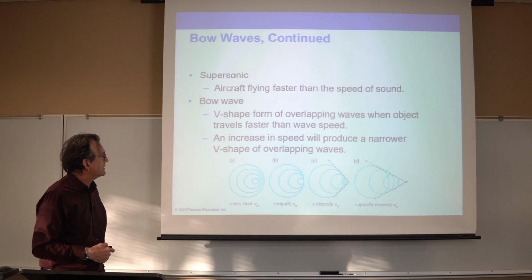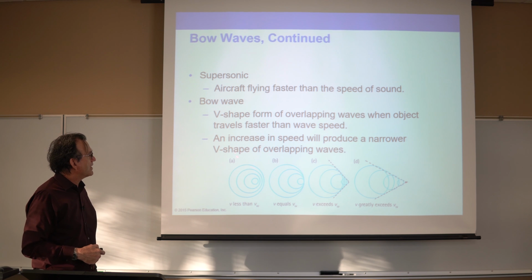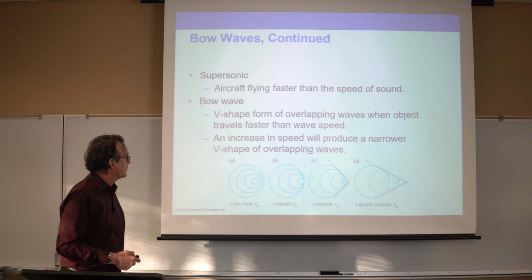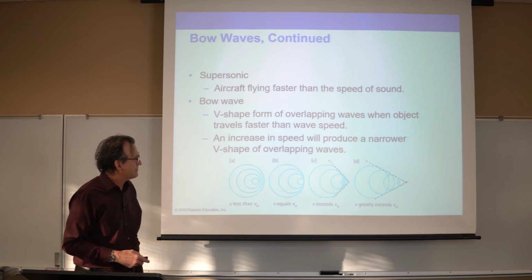So what this is telling us is that as the aircraft goes faster and faster, the angle of this V becomes smaller and smaller, or what we call a narrower V-shape of overlapping patterns.